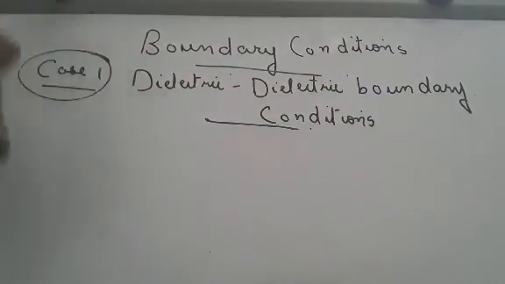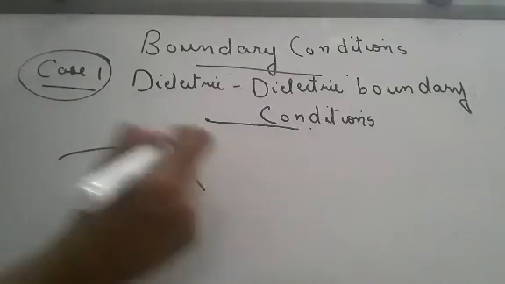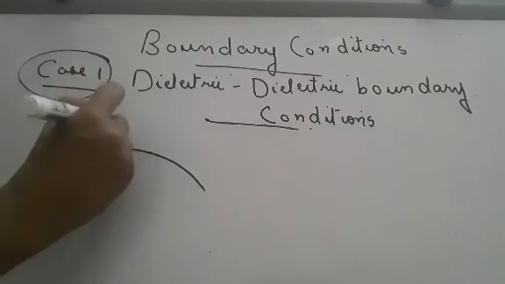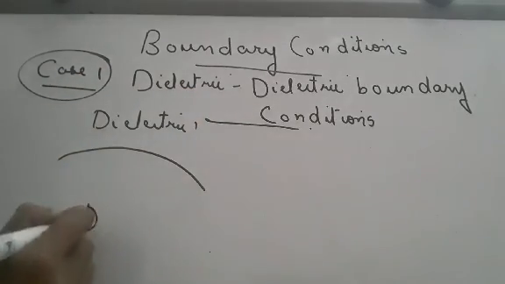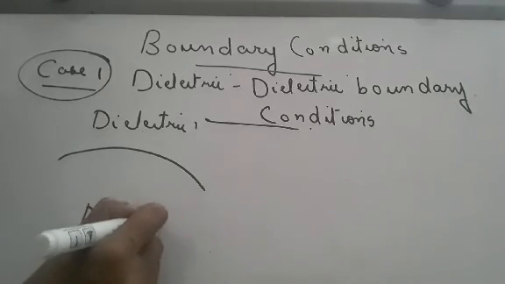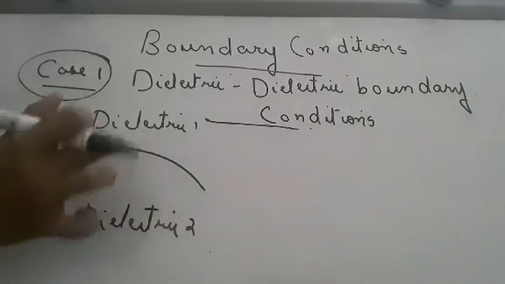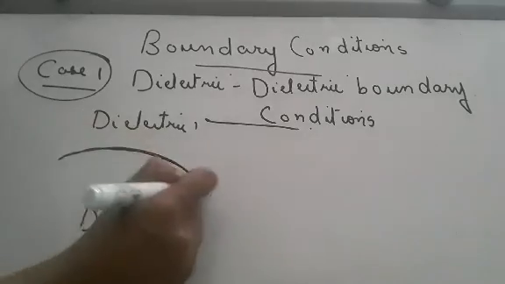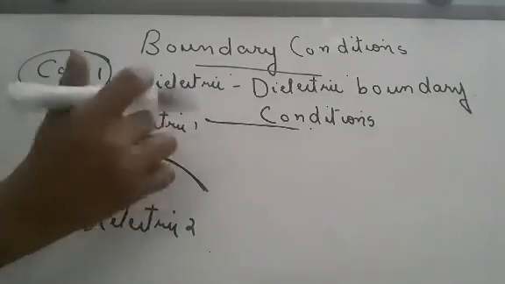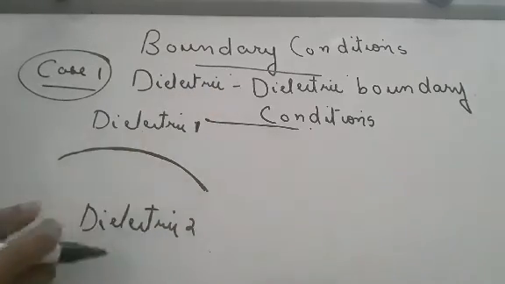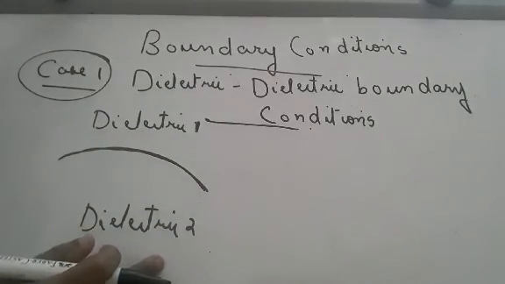That is case 1. For that, I am considering an interface. Let this be dielectric 1. This be dielectric 2. And let this be the interface separating 1 and 2. So this medium 1 is a dielectric and medium 2 is also a dielectric.